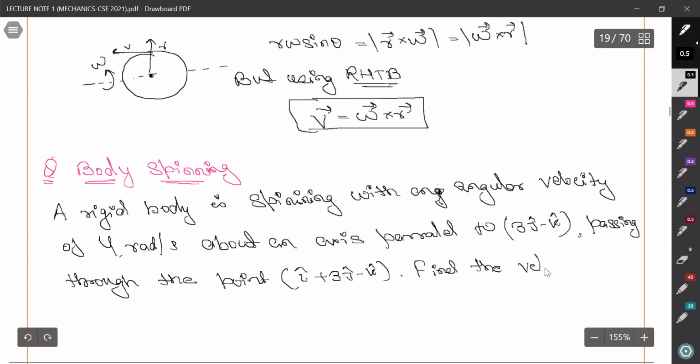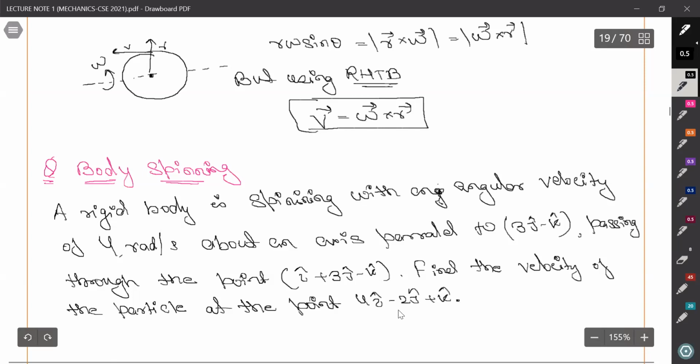Find the velocity of the particle at the point 4i cap minus 2j plus k cap.